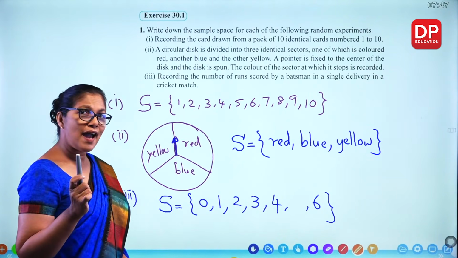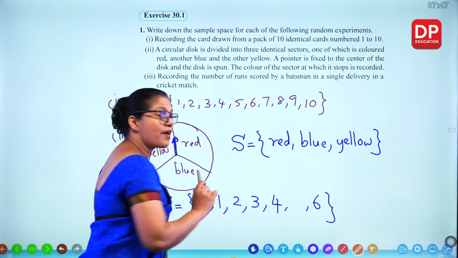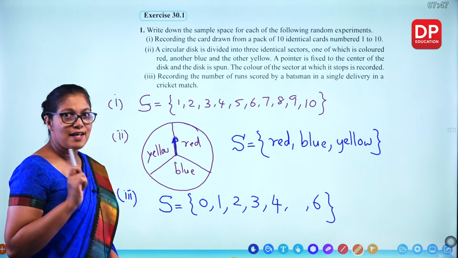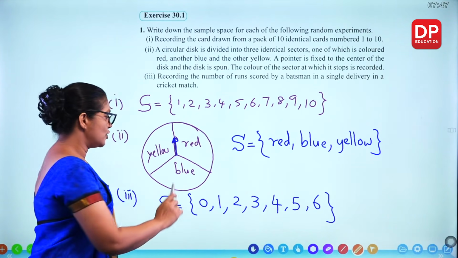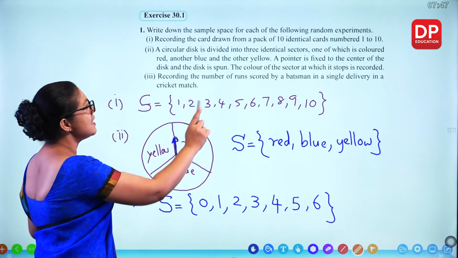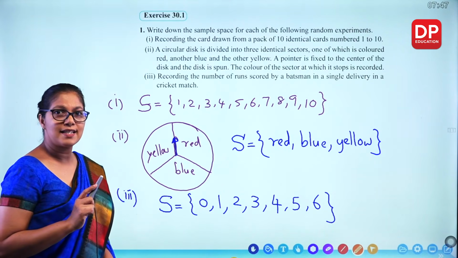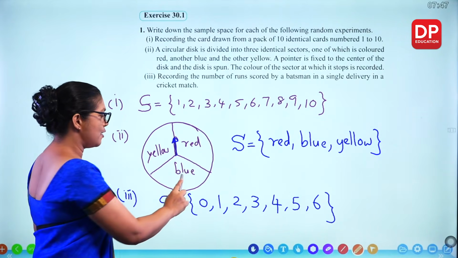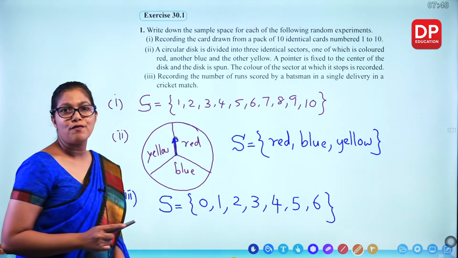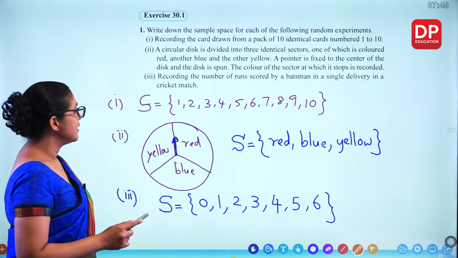How can you get 5? You can get 4 runs with no ball, you can get 5 runs. So we'll include 5 also. So what are the possibilities you can get in a single delivery? You can get 0, 1, 2, 3, 4, 5, 6.